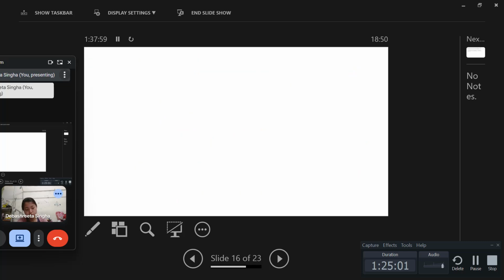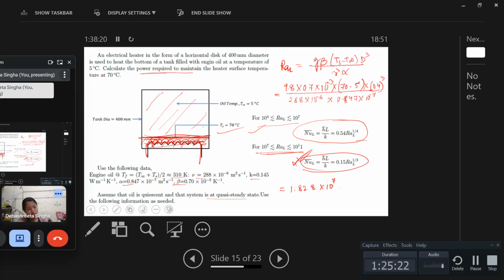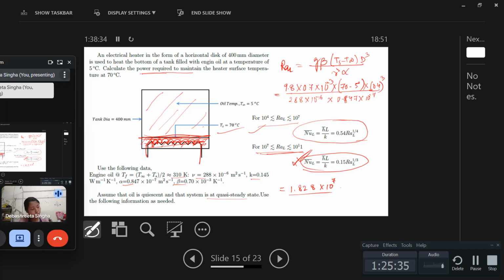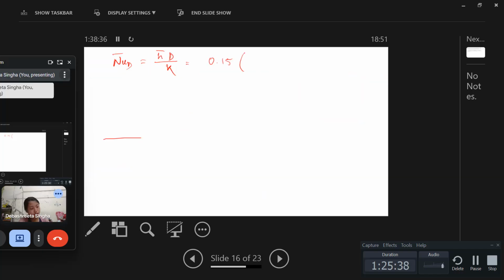So NuL, you can write NuD also, anything, NuL equals hD by k, is given as 0.15 Ra, where Ra is 1.828 into 10 to the power 7.